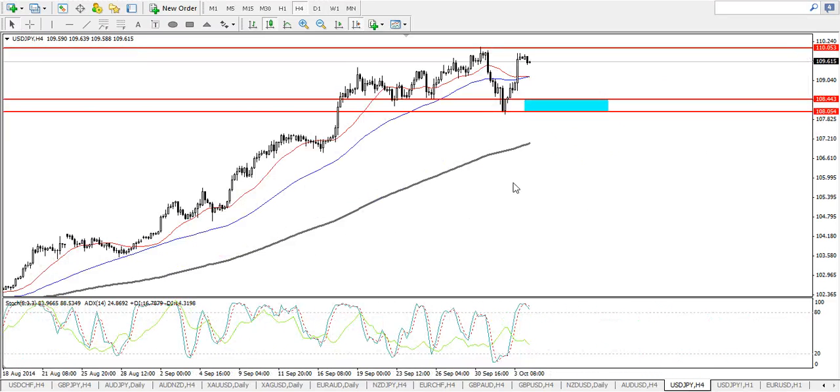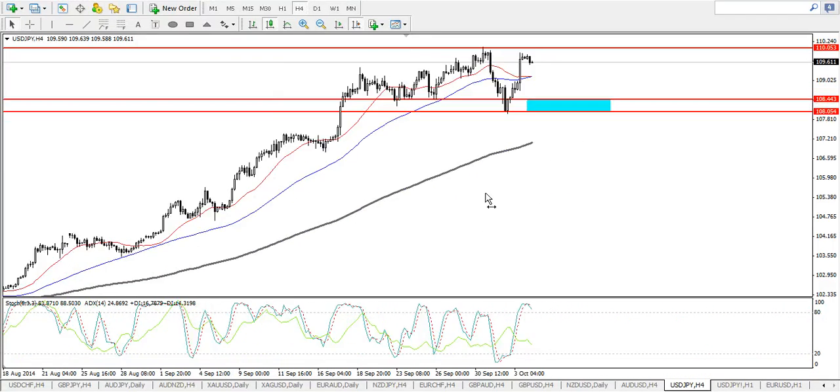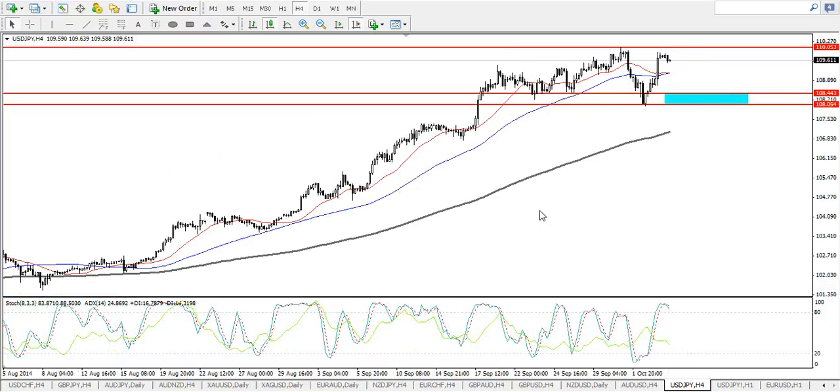So goods and stuff like that are all a little bit too expensive for consumers to spend on. Of course, that is also being affected by a sales tax hike back in April itself. So we might be seeing price retrace a little bit further before we can go for a long opportunity.